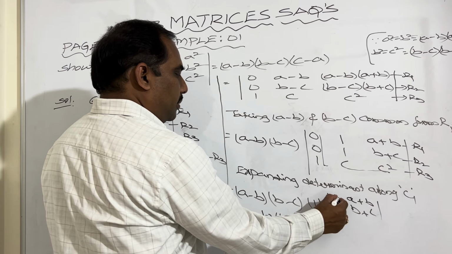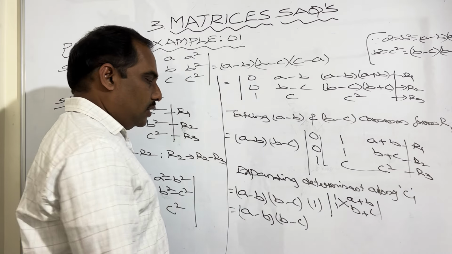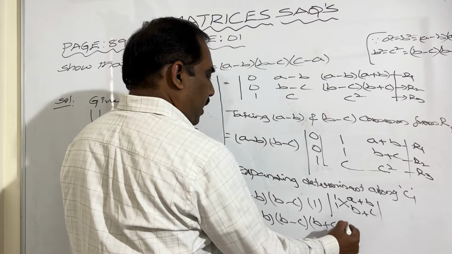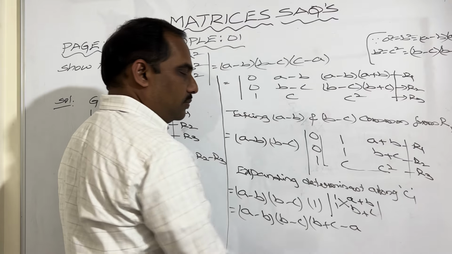Now if you find the determinant of this 2 by 2 matrix, we get B plus C, immediately minus, so that's why multiply with minus.